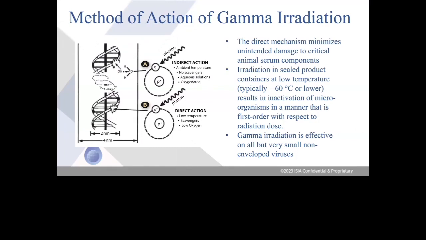Minus 60 degrees C is preferable. And this results in the inactivation of microorganisms in a manner that is first order with respect to radiation dose. So the more you irradiate, theoretically, the more direct viral inactivation happens. And this methodology is effective on all but small unenveloped viruses.